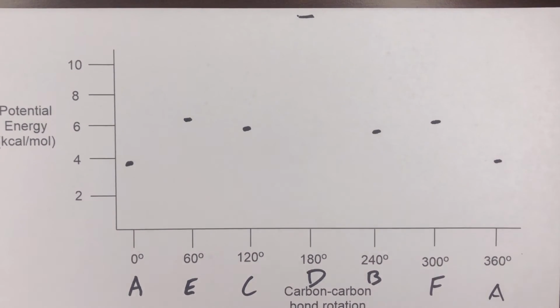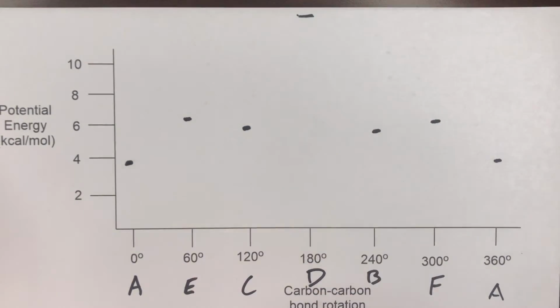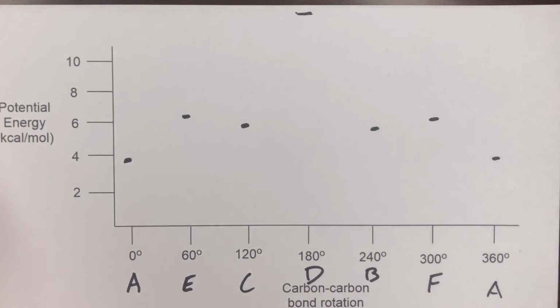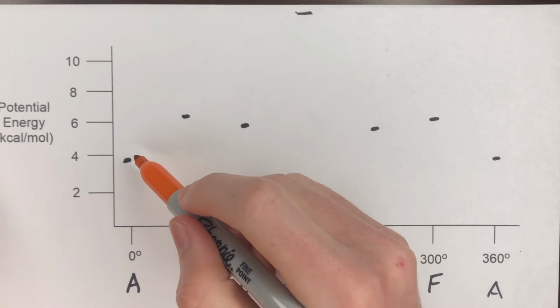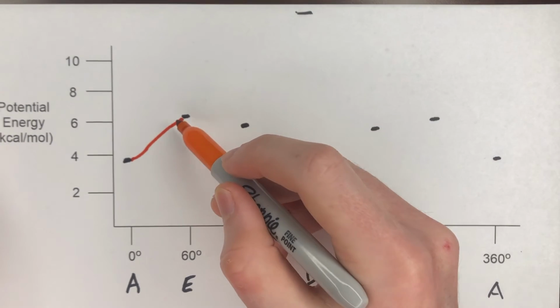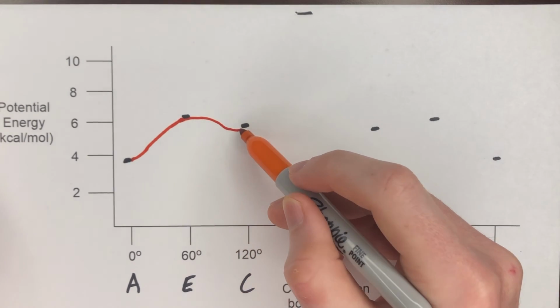So now to finish the diagram, all you do is connect these dots, and you try to do it gradually, because this energy is going to gradually increase as you're increasing the interactions the closer these get to eclipsed. So this kind of goes like this. There's going to be basically no difference.